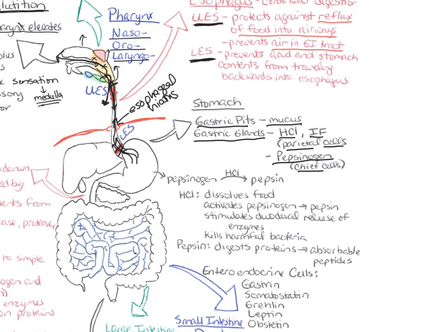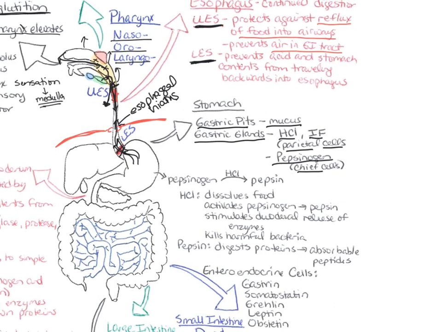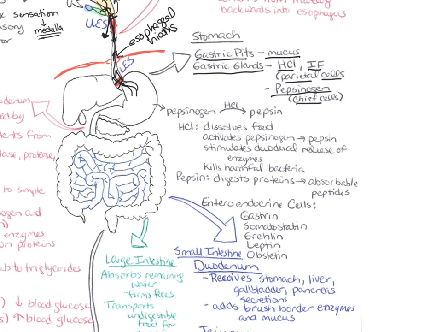Then we're going to also look at some of the enteroendocrine cells in the stomach. These are cells that are in between those mucus cells, and they produce things like gastrin, somatostatin, ghrelin, leptin, and obestatin. These are all hormones, so we'll be looking at those as well. And then we'll just talk a little bit about how the stomach is being controlled, how it's regulated.